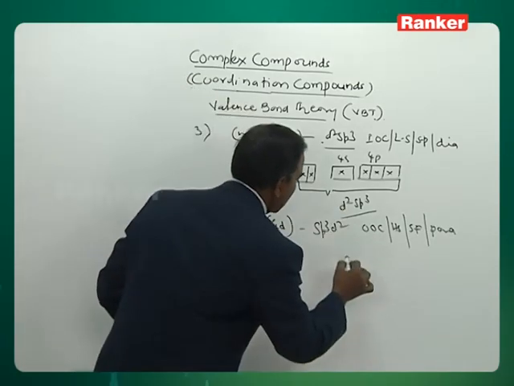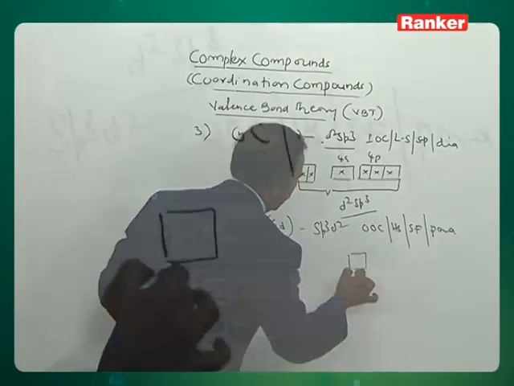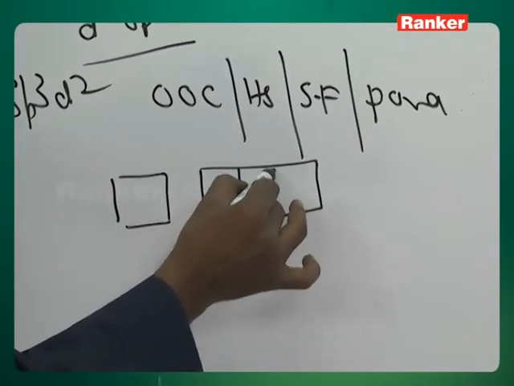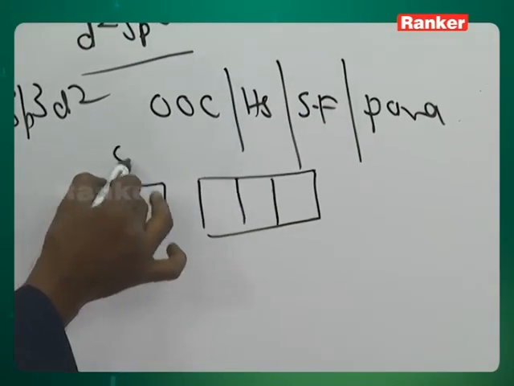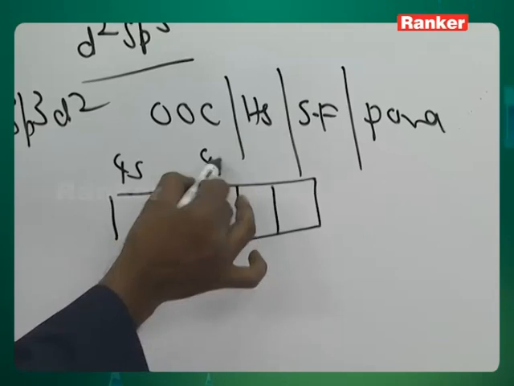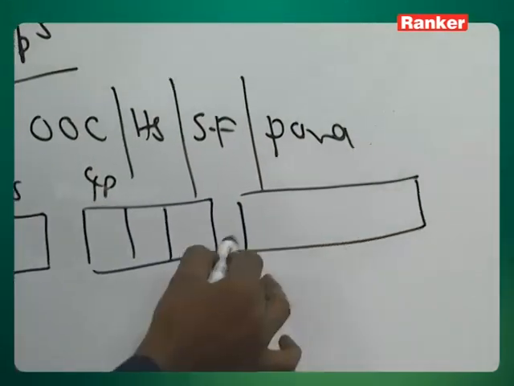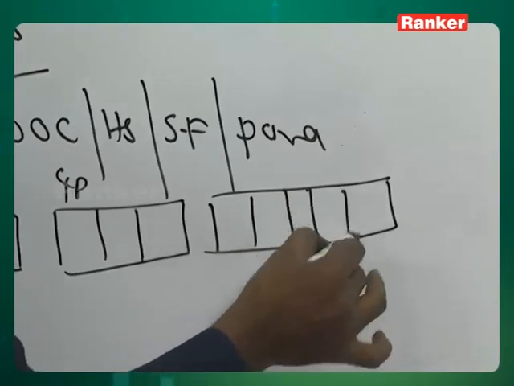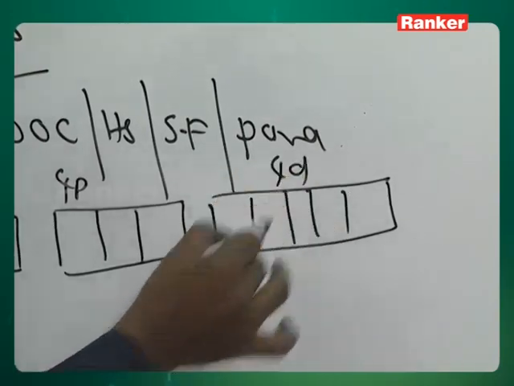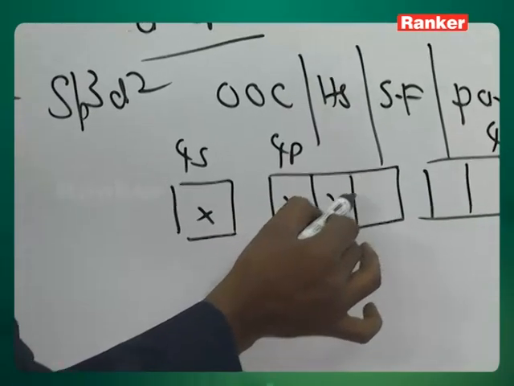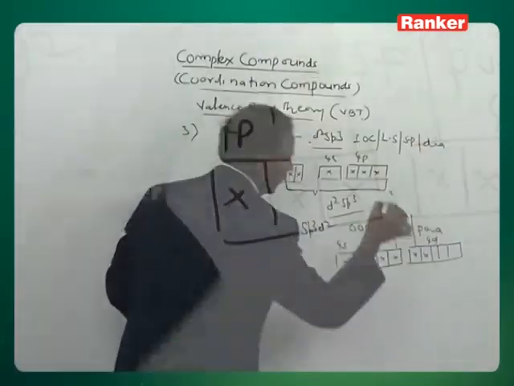I am writing below 4s, one more 4s orbital, below 4p, to make you easily understand this, then 4s, this is actually 4p. Then I am writing the outer orbital 4d after this. 6 orbitals are required, 1, 2, 3, 4, 5, 6.